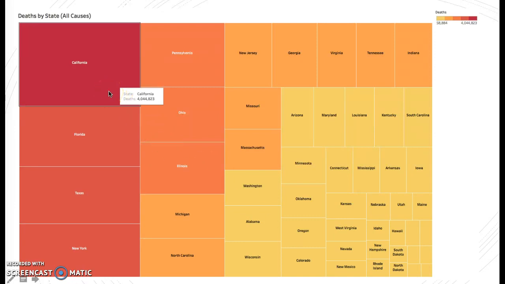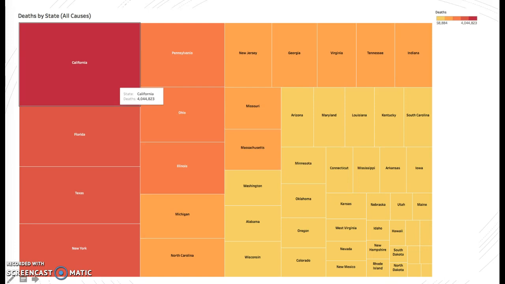Again, California leads in the most deaths by all causes, with 4,044,823. The states of Florida, Texas, and New York follow closely behind. Now users can take a look at this visualization and see if there are any patterns.